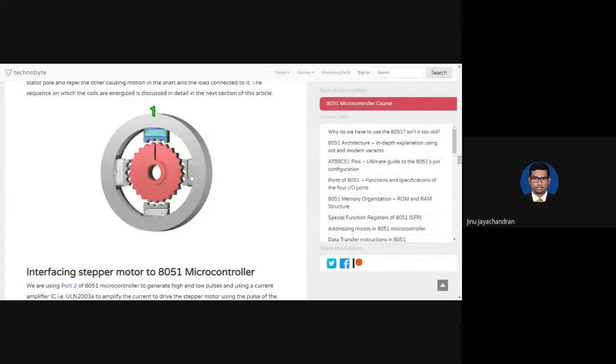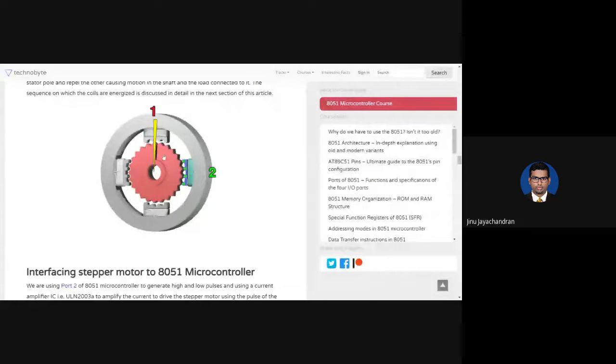When the second one gets magnetized, it rotates to the second, when the third one gets magnetized, it rotates to the third, and when the fourth one gets magnetized, it rotates to the fourth. So the magnetization is happening in only one electromagnet at a time. It need not be only one; it can be one or more. But in this animation, only one electromagnet is getting magnetized.